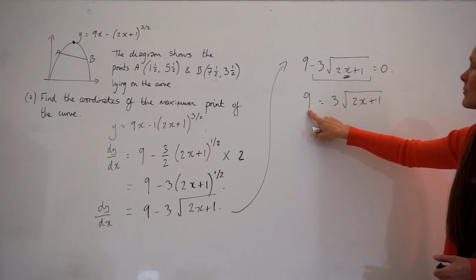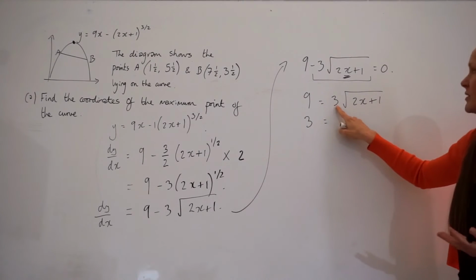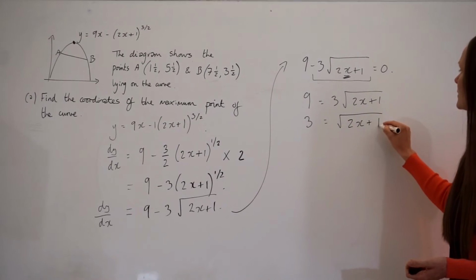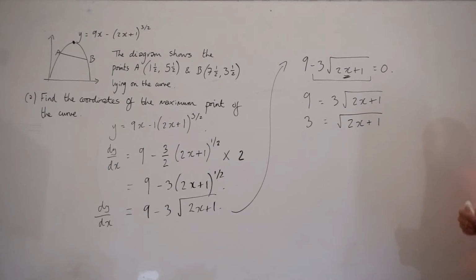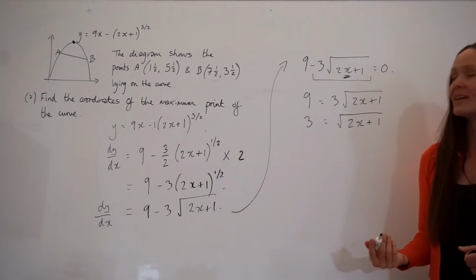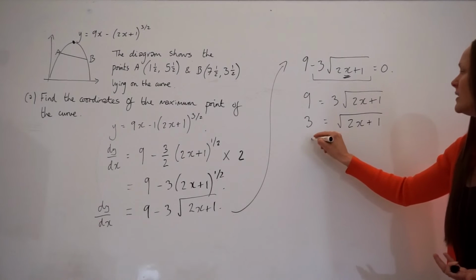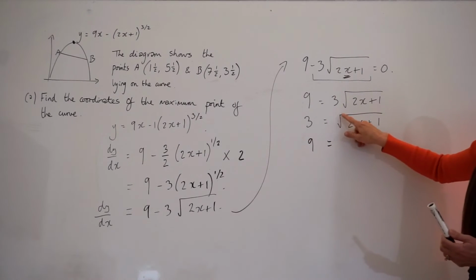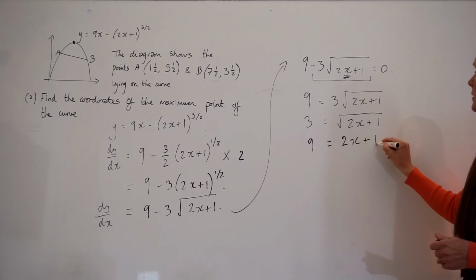So 9 divided by 3 is 3. 3 divided by 3 is just 1, so this cancels to leave me with root 2x plus 1. Next, I want to get rid of this root symbol. So I'm going to do the opposite, which is square everything in the equation. So 3 squared is 3 times 3, which is 9. If I square the right-hand side, it just cancels out the root symbol to leave me with 2x plus 1.